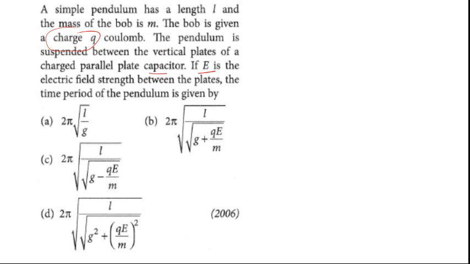If the electric field is E and charge is q, then what do we mean by electric field E? Electric field E means force on 1 coulomb charge. If it is E newton, then E is called the electric field or electric field strength.